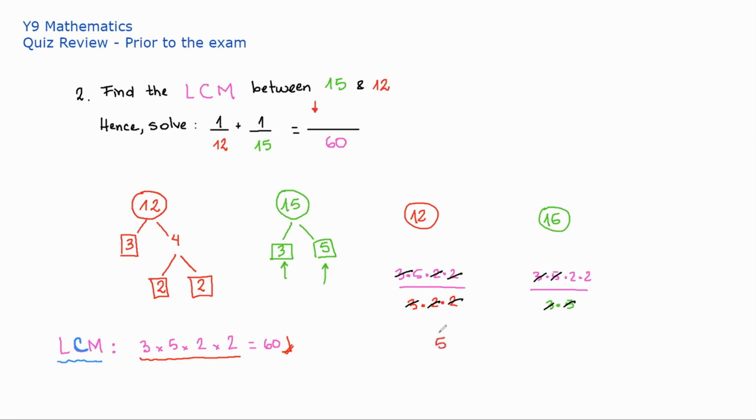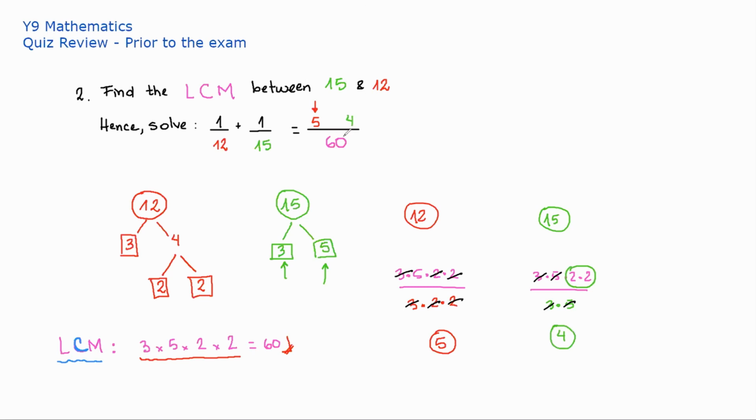So I'm only going to keep a number 5. That number 5 goes here. Then, how do we do it with the number 12? It looks like a 16, I know, I'm sorry. There you go. So I have a number 2 times a number 2, which gives me 4. That's the number that is going to be here.